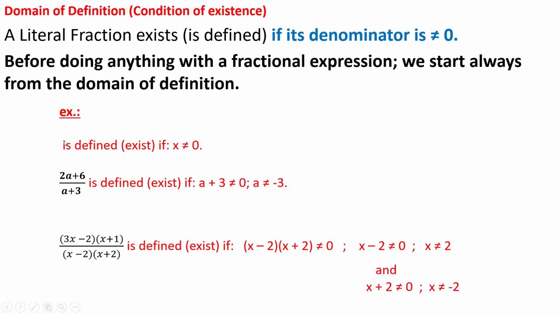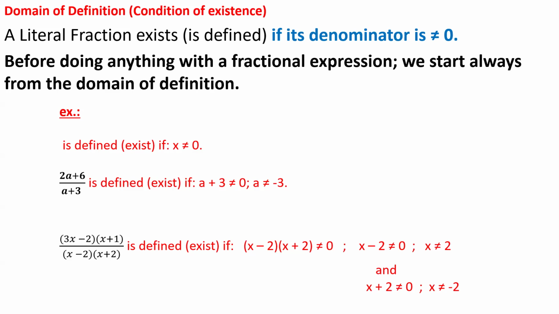When we talk about a fractional expression, we always have something called the domain of definition, or condition of existence. In math, any fraction exists only if its denominator is not 0. Because in a fraction, if the denominator is 0, the calculator will give you an error. Try, for example, 3 over 0 or 3 divided by 0, and the calculator gives you a mathematics error.